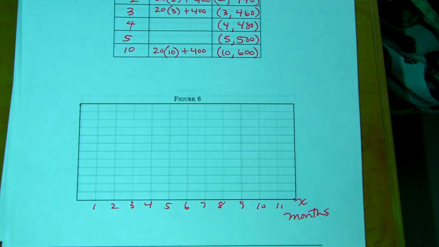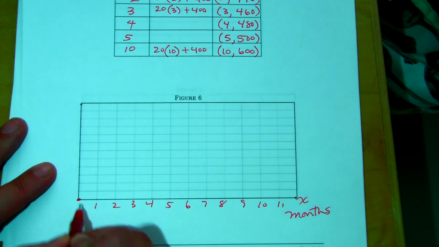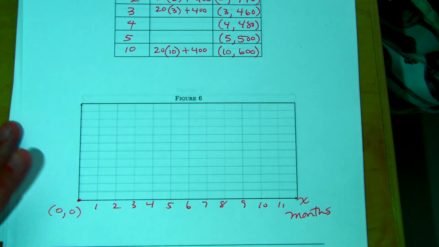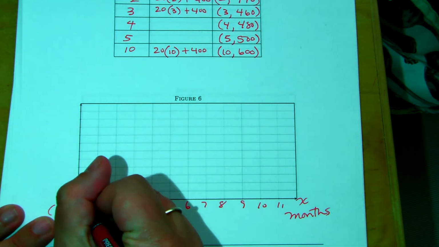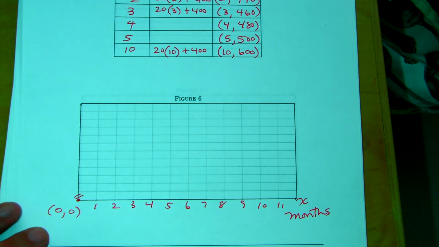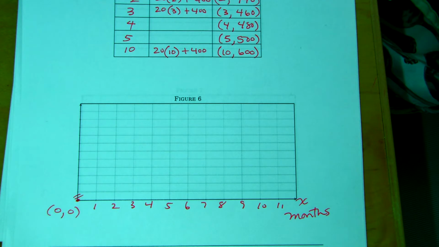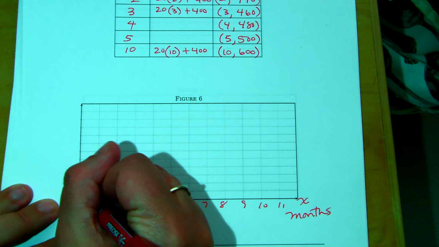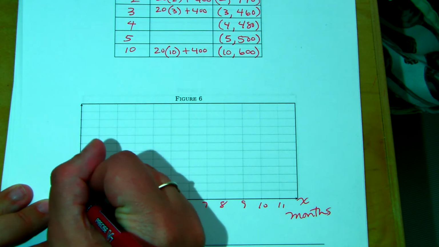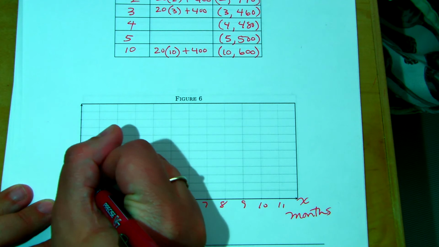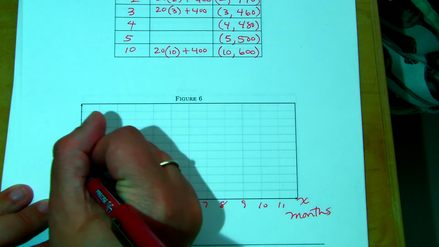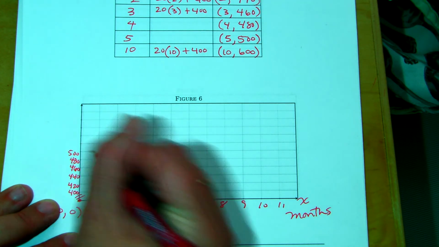So here's something you could do. I like the idea of the scale of 20, but this point always has to be (0, 0). Always. If I wanted to break the graph, I could put a little break in the graph, and that's showing that I'm going from 0 to maybe my y-intercept of 400, and now count 420, 440, 460, 480, 500.